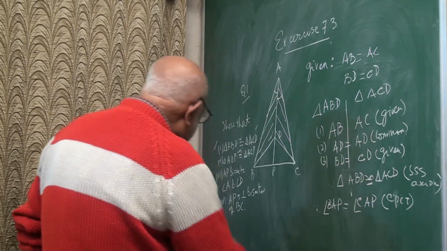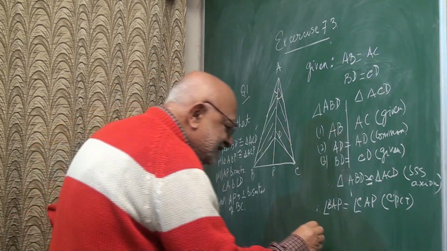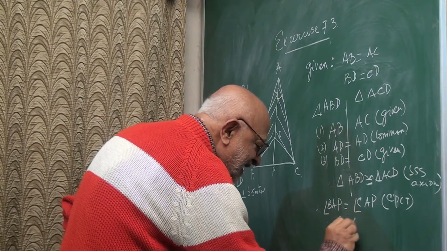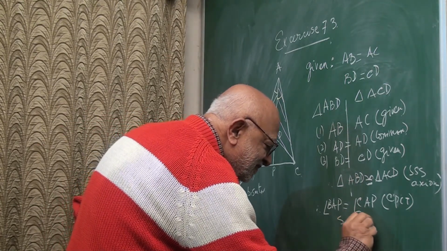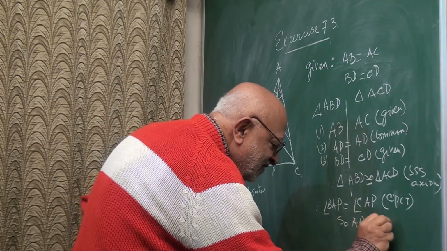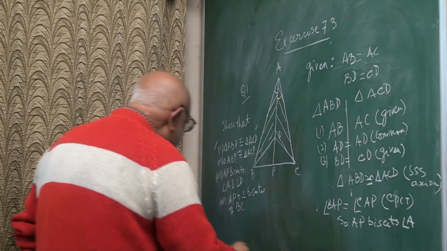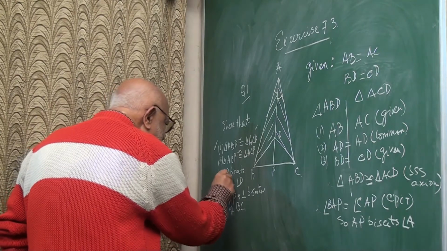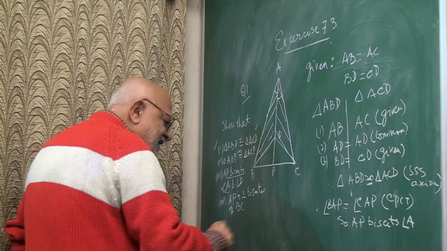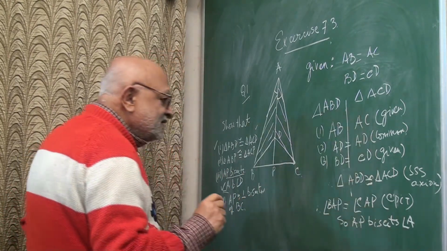So one point is this, that AP bisects angle A. So this is also done partly. I have not yet shown that AP bisects angle D, but I have shown AP bisects angle A.